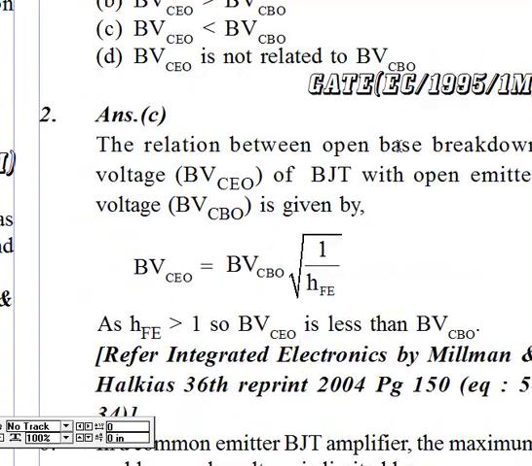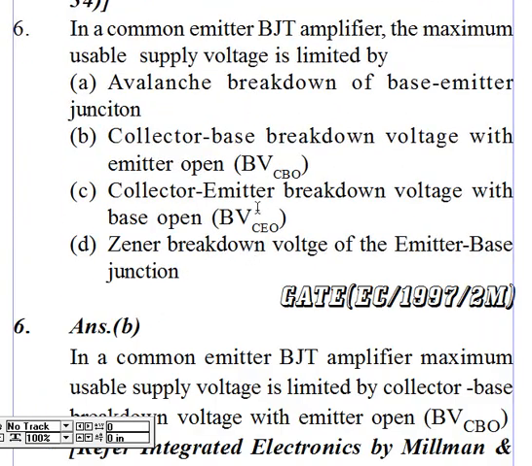When base is open, it is BVCEO, and when emitter is open, it is BVCBO. So collector base breakdown voltage with emitter open, collector emitter breakdown voltage with base open.